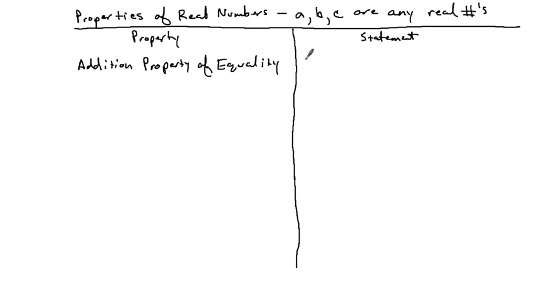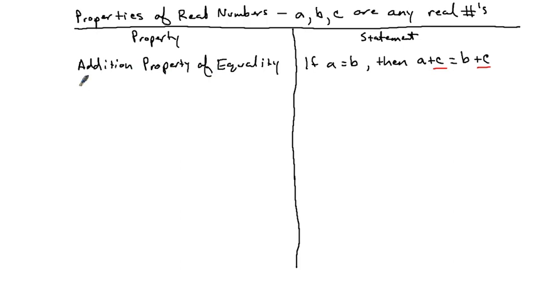The addition property of equality says that if A equals B, then A plus C equals B plus C. All this is saying is that if you have an equation, as long as you add the same thing to both sides, your equation is still balanced. That's the addition property of equality. You already know it. You've just never written it down.